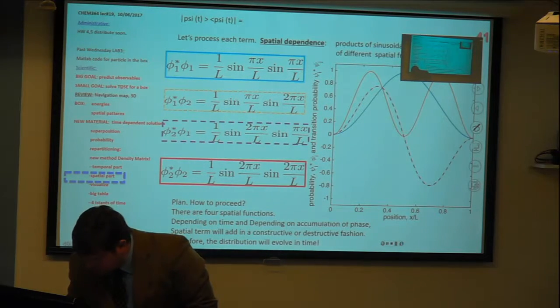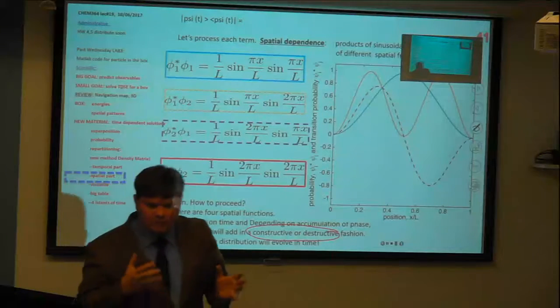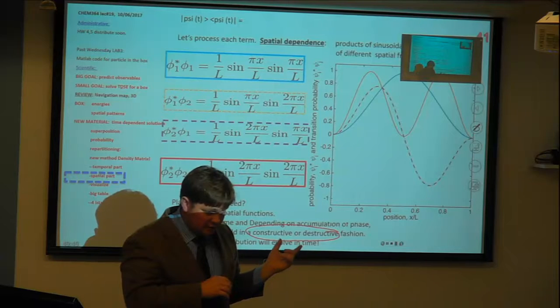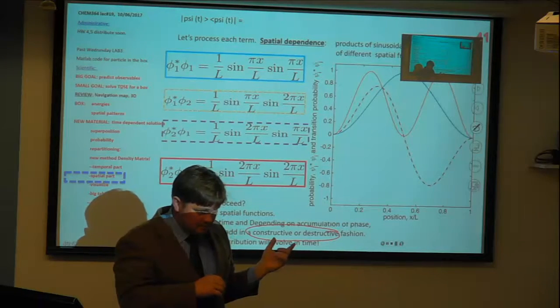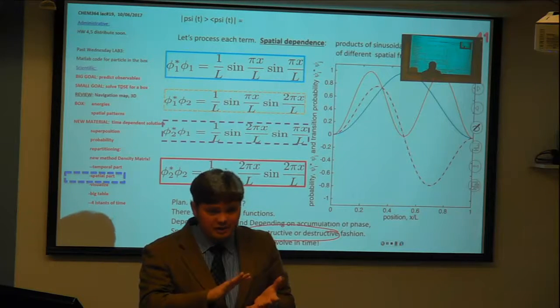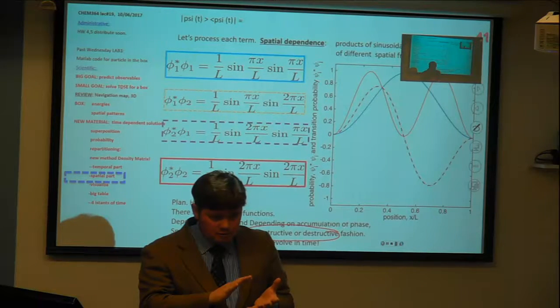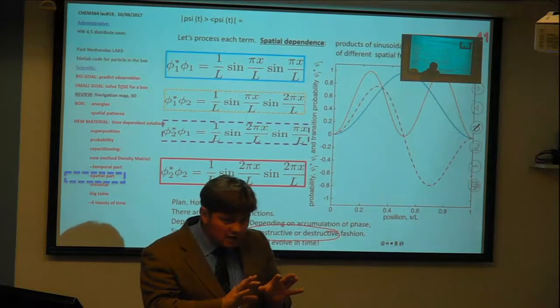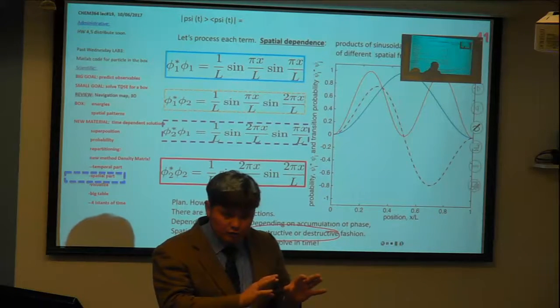So, constructive or destructive contribution from all these functions. And then the level of them being constructive or destructive changes in time. This is the reason for time dependence, for the time evolution.